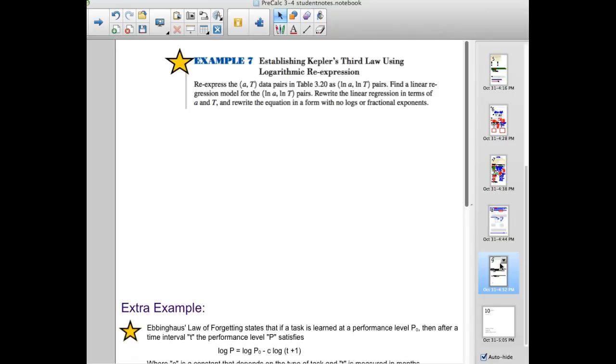So we want to do a linear regression with list 3 and 4. We're not going to bother graphing it, so you don't have to worry about storing it anywhere. So let's go to STAT CALC number 4, linear regression. Tell it to use list 3 and list 4.